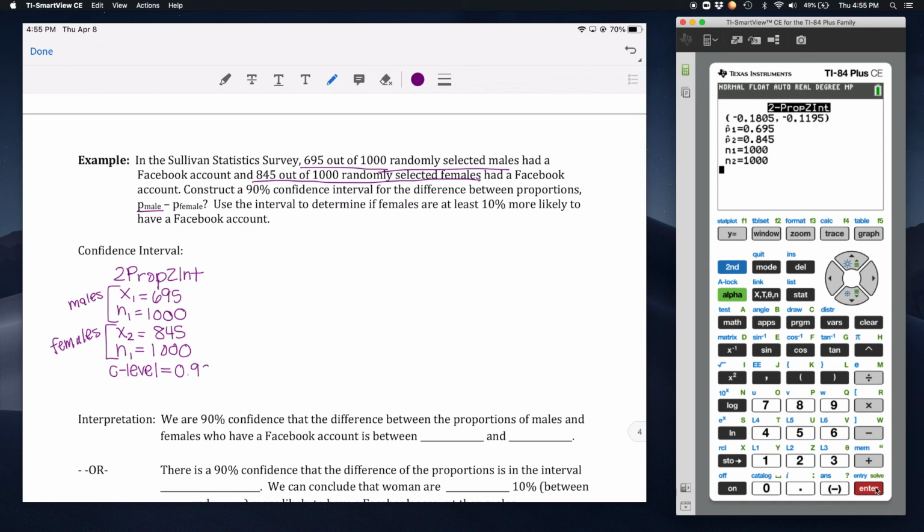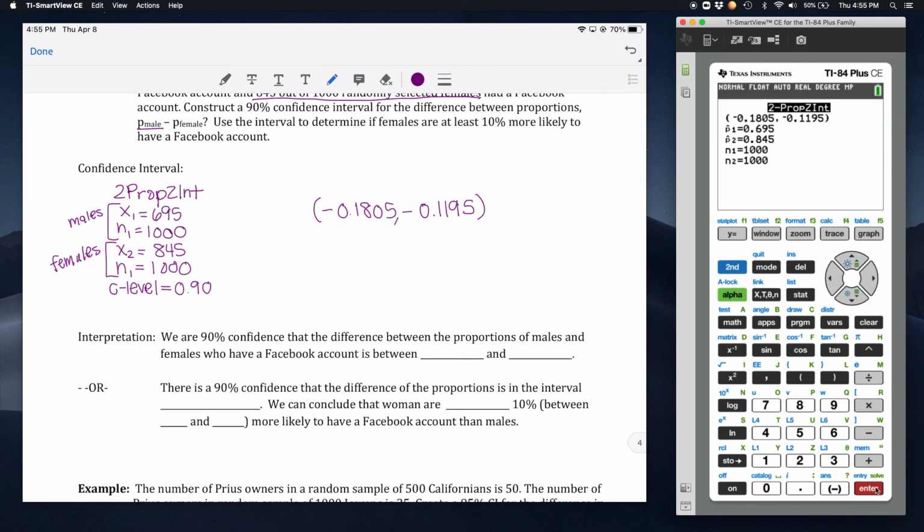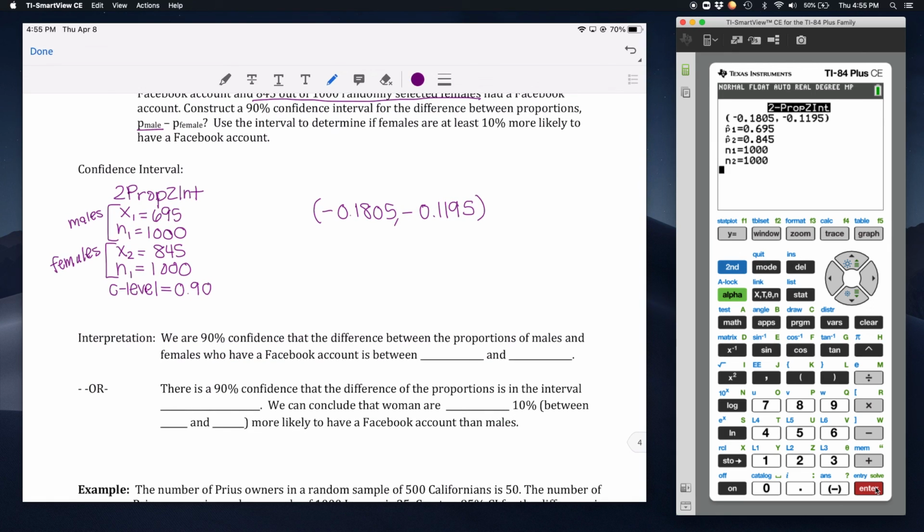So what we got here as a result is negative 0.1805 and negative 0.1195. The reason why it's negative is the proportion for females is greater than the proportion for males. So we could say, hey, we're 90% confident that the difference between proportion of males and females who have Facebooks is between negative 0.18, I'm going to be a little lazy and use two decimal places, and negative 0.12.